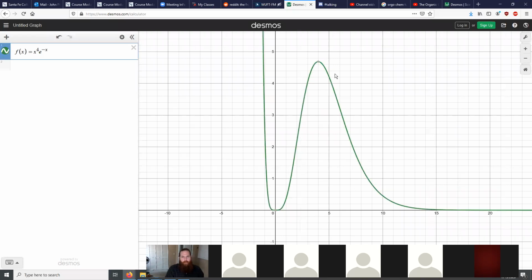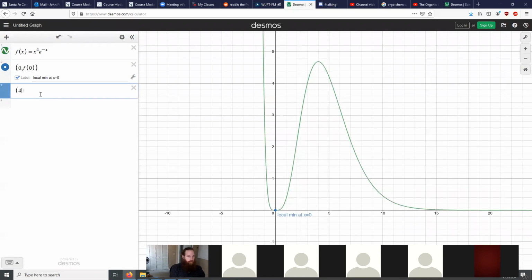Definitely a local min there, definitely a local max there. And we found those, 0 and 4. So the point 0 comma f of 0, that's the point on the graph associated with x equals 0. That was my local min at x equals 0, 0. At 4 comma f of 4, we had our local max.